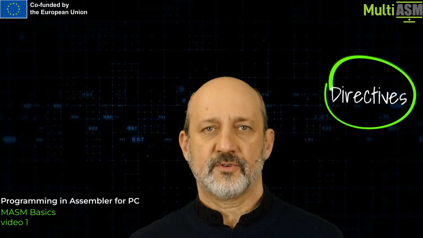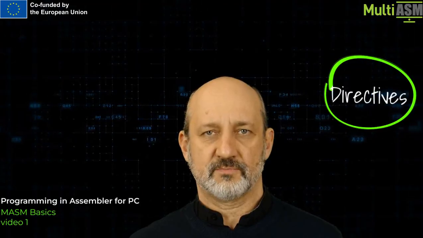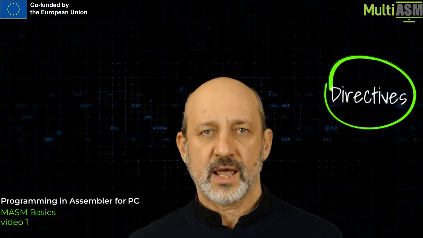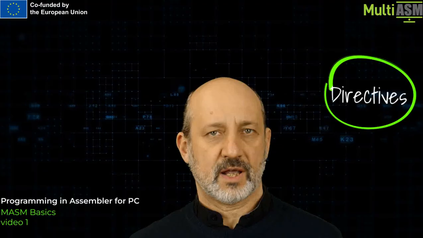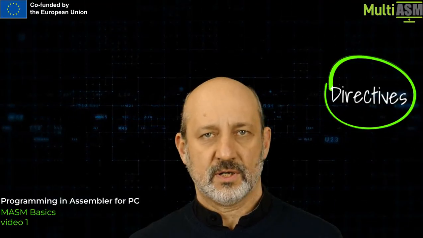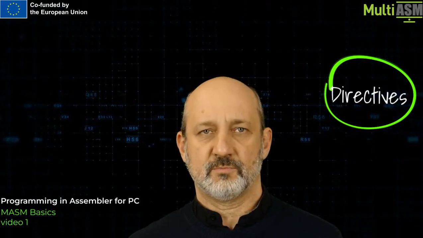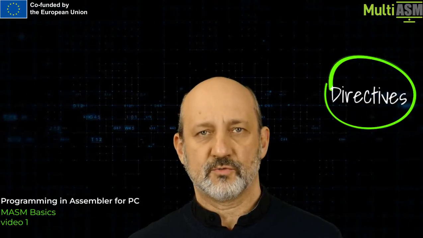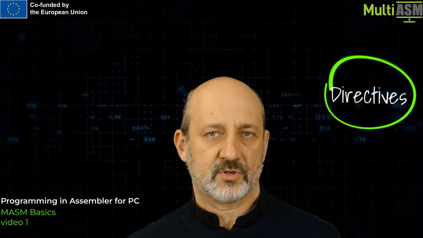Directives, also referred to as pseudo-operations, influence the behavior of the MASM program. They can create the segments, define variables, constants, and other symbolic names, reserve memory, establish connections between the modules, provide conditional and repeated code, define macros, and so on.